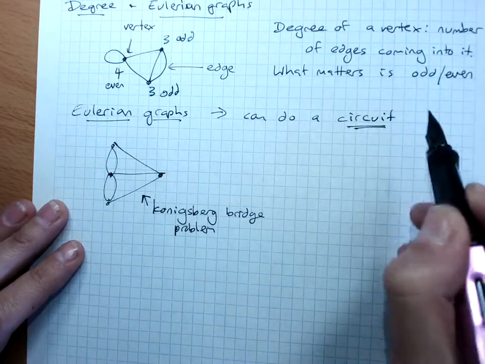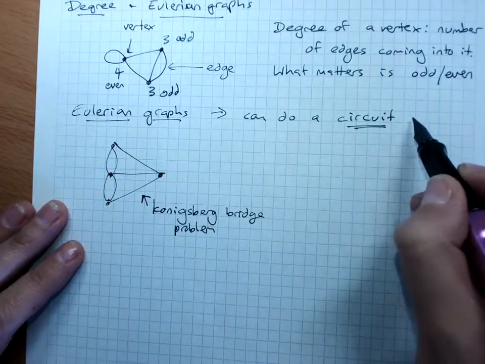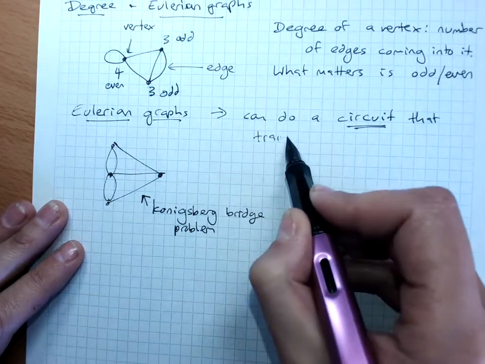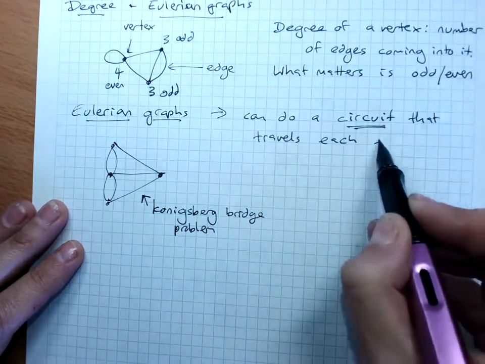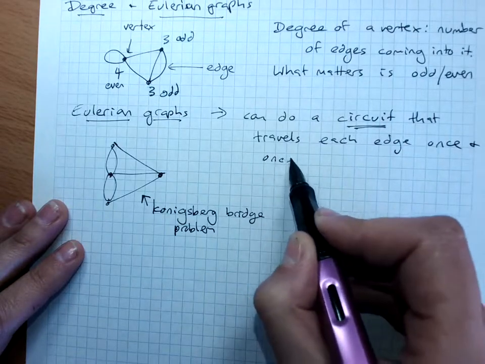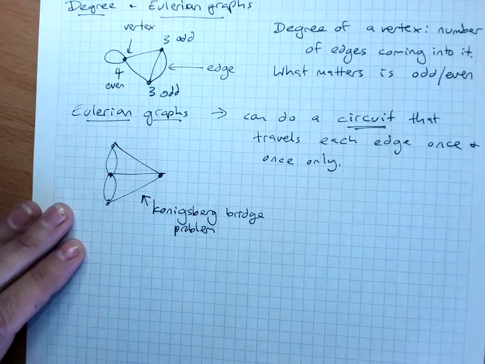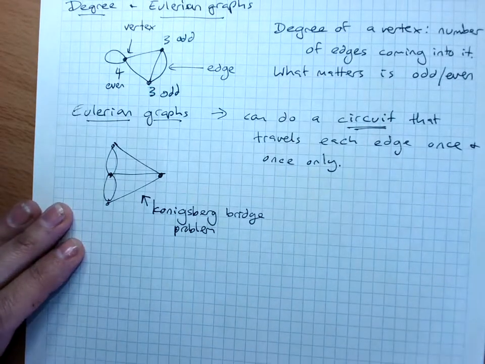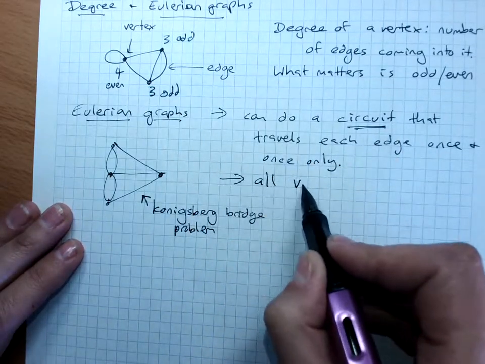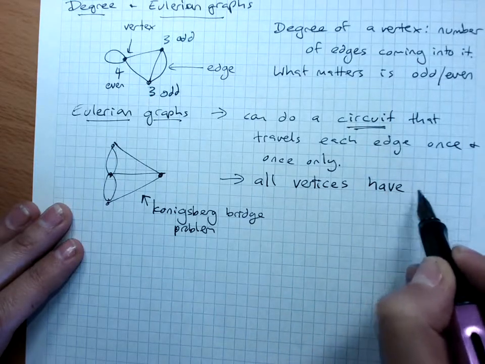And for Eulerian, it's required to be a circuit, so starts and finishes at the same vertex. The reason we need degrees for that is that the way we can tell if you can do this is all vertices have even degree.